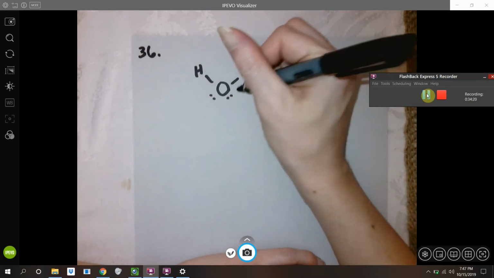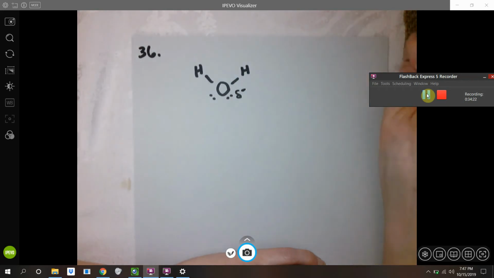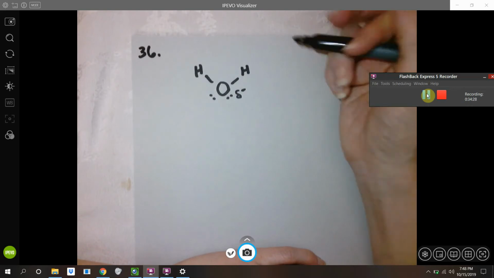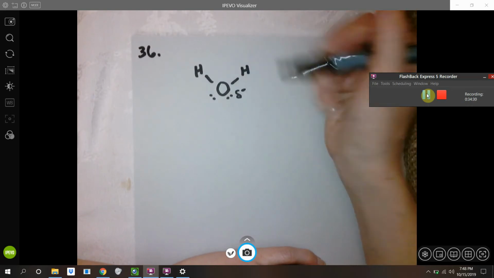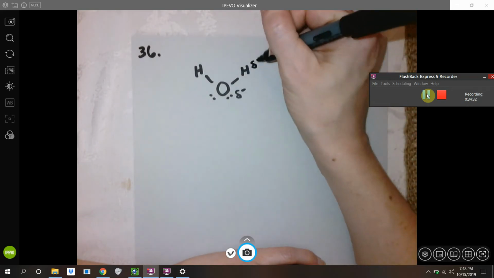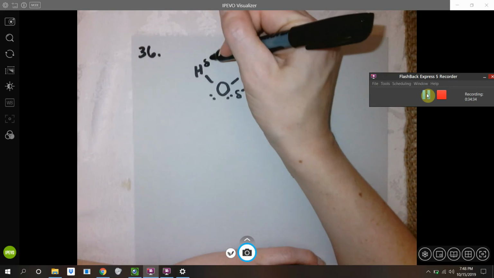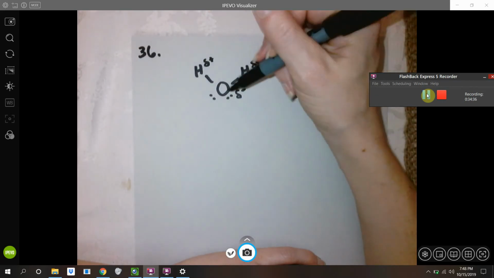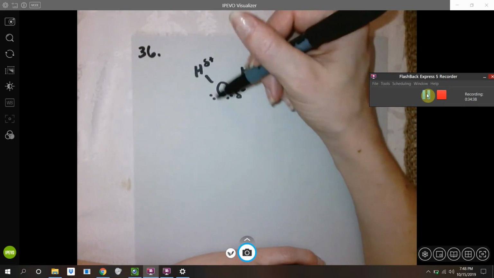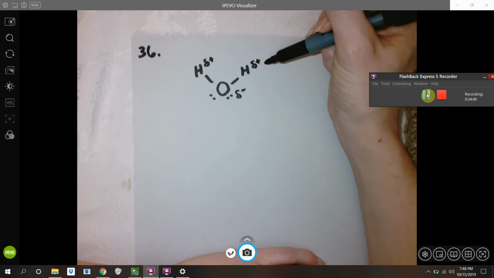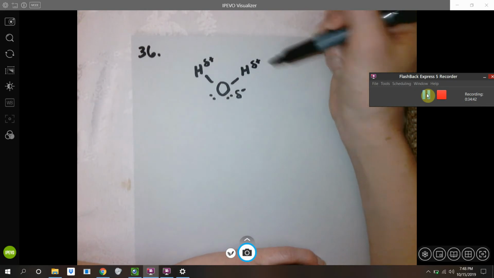Now, oxygen is slightly negative. It's the electron hog. It's got more pull on its electrons, a higher electronegativity, so the electrons spend more time around oxygen. Hydrogen is slightly positive, so the electrons that are being shared between oxygen and hydrogen are spending more time around the oxygen, leaving the hydrogen kind of deficient sometimes.